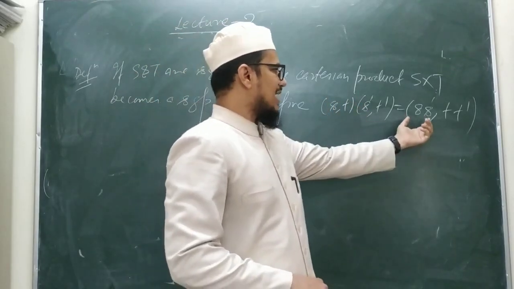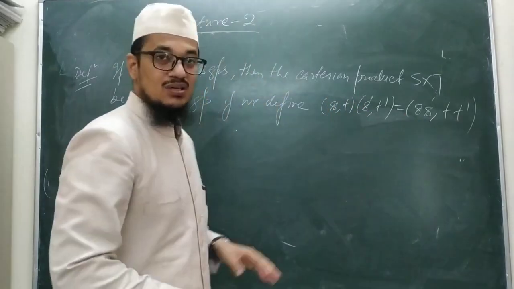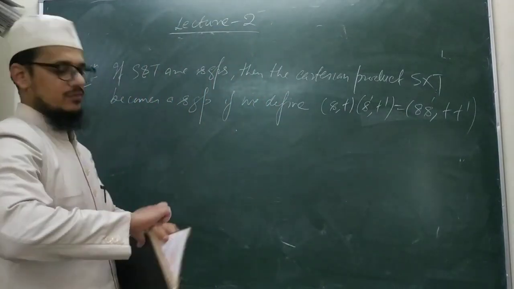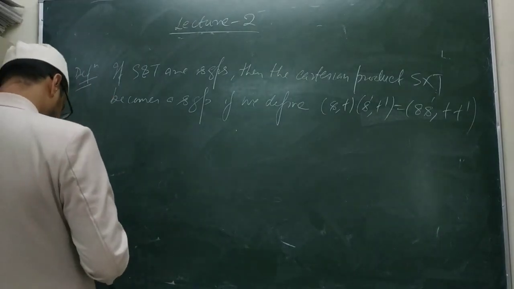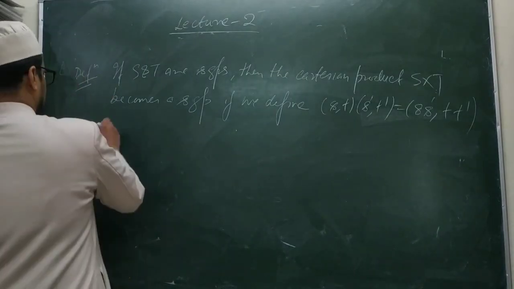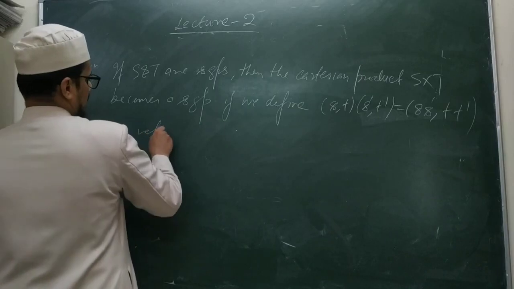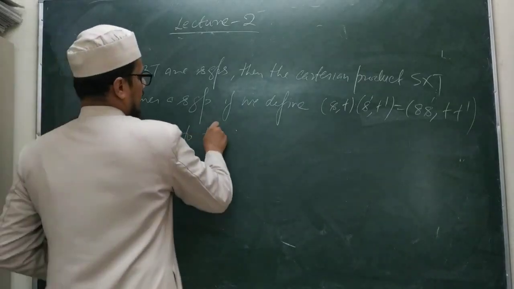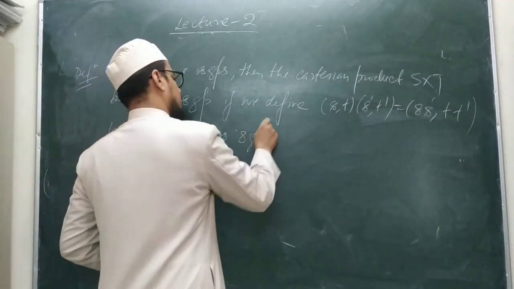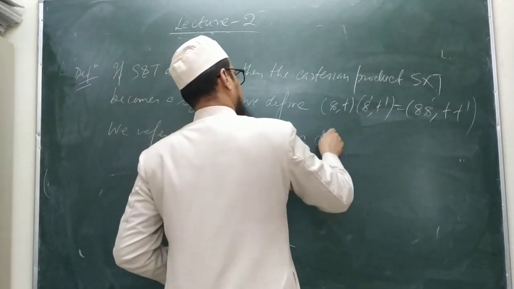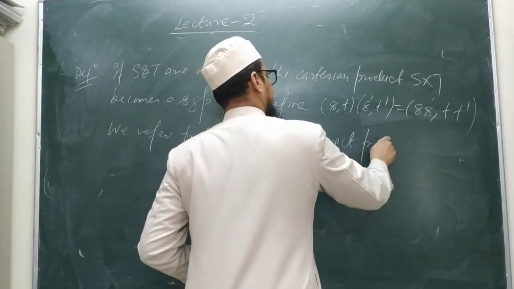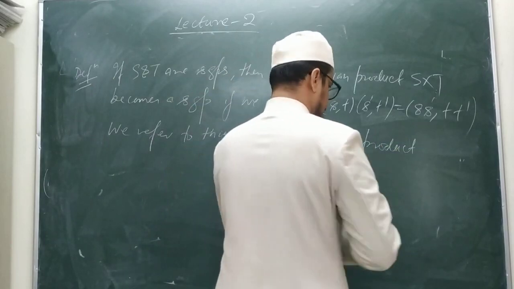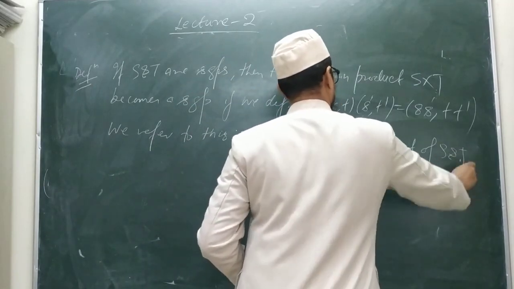So with respect to this binary operation, it forms a semigroup, and it is called the direct product of semigroups. So we refer to the semigroup as a direct product of S and T.